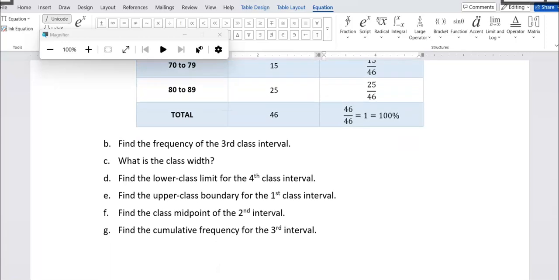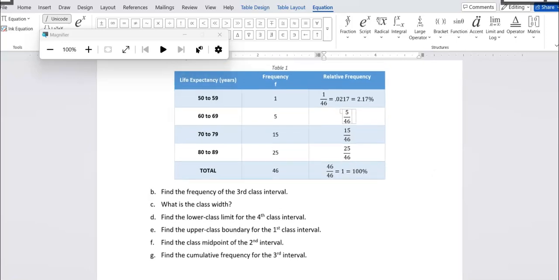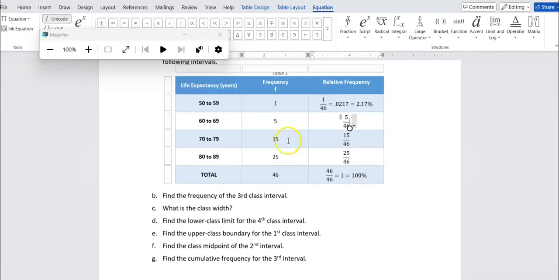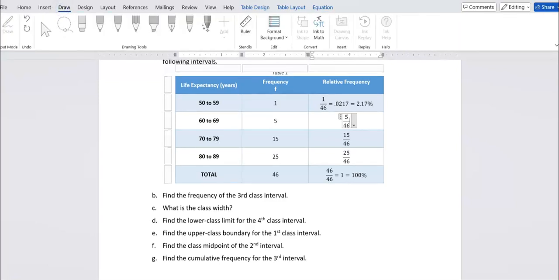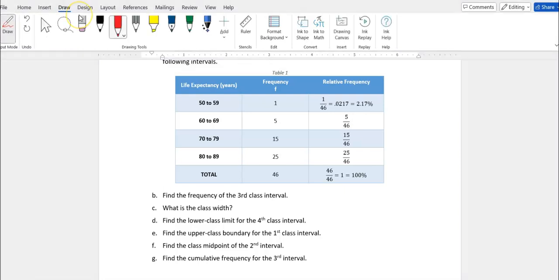Next, let's work on the rest of the answers. Now it asks us to find the frequency of the third class interval. I'm using the draw feature in Word.